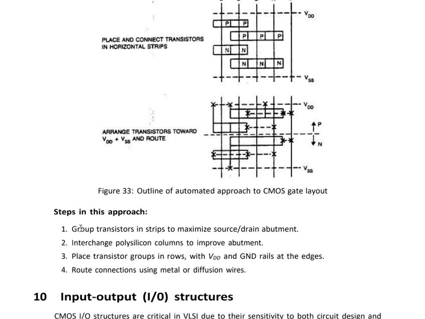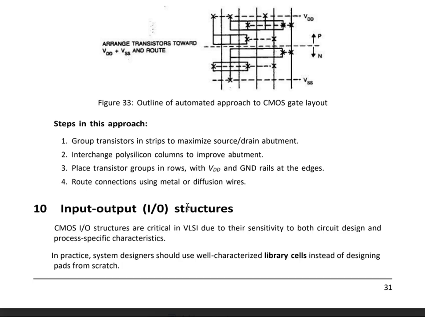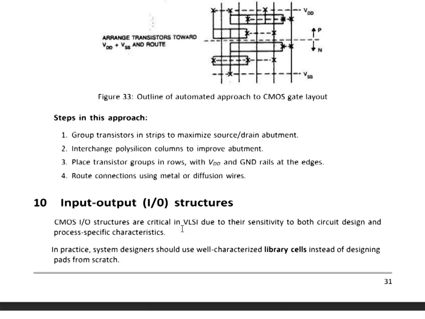In this approach, group the transistors in strips to maximize the source or drain sharing, and then interchange polysilicon columns to improve the abutment, and then place the transistor groups in rows with VDD and ground rails at the edge. Then perform route connection using the metal and diffusion wires.